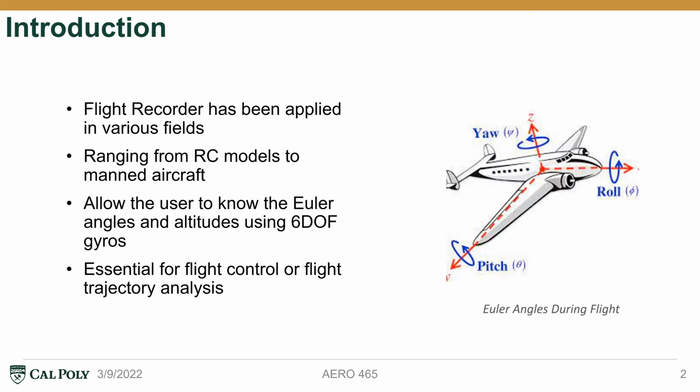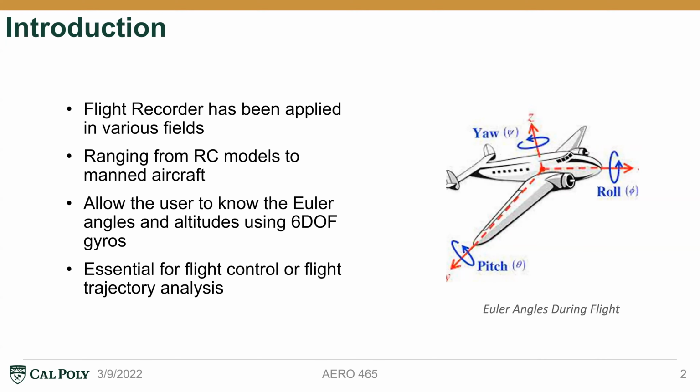So the flight recorder has been applied in various fields of industry, including aircraft and spacecraft, and it allows the users to see the Euler angles after we pull out the data from the data recorder.